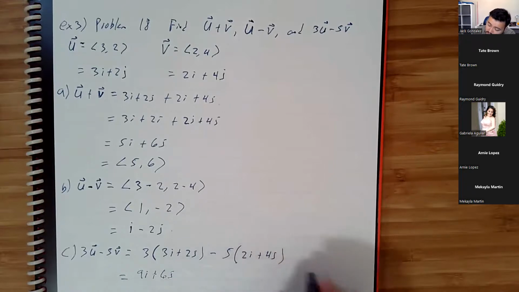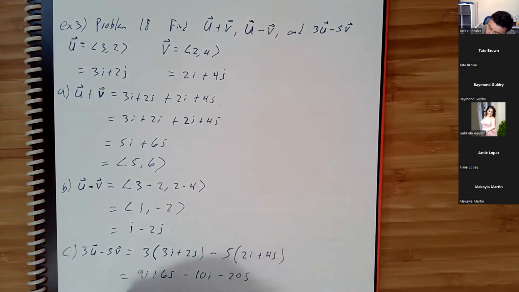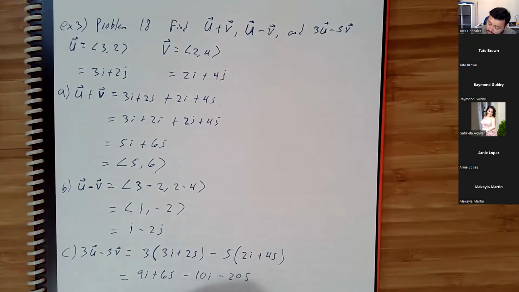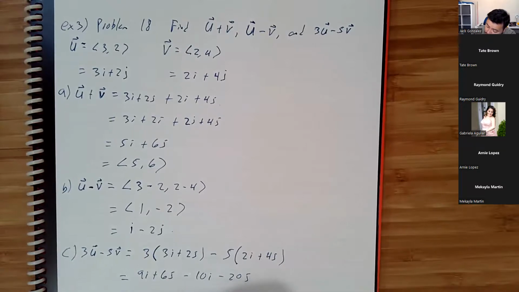This is going to be minus everything. So minus 10i minus 20j. So get the i's together, all the j's together. And that's it. So negative i, 6 minus 20, it'll be minus 14j.